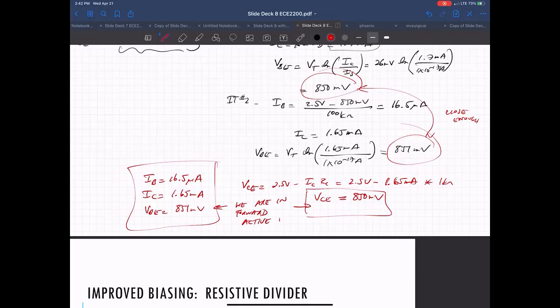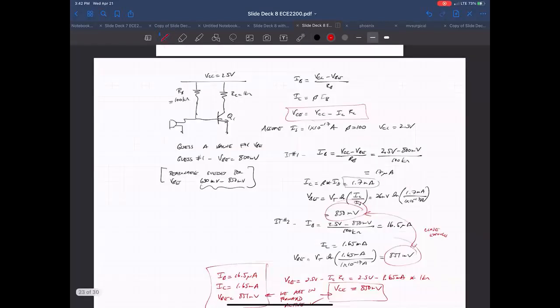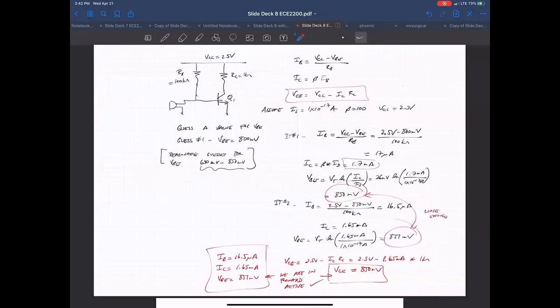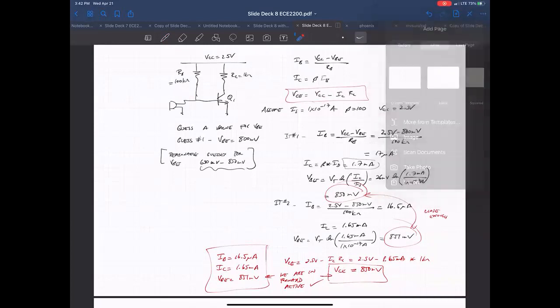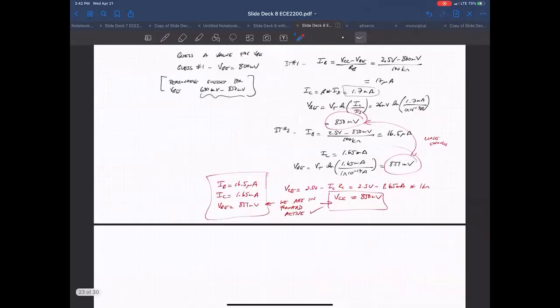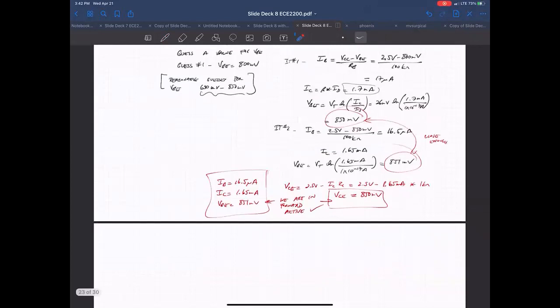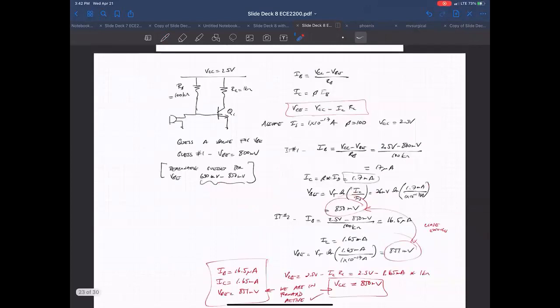And that resistor was large enough that we can put our input. So this whole biasing thing wasn't so bad. So that's great. But when you actually look at this from a standpoint of manufacturability, it turns out it's not such a good solution.